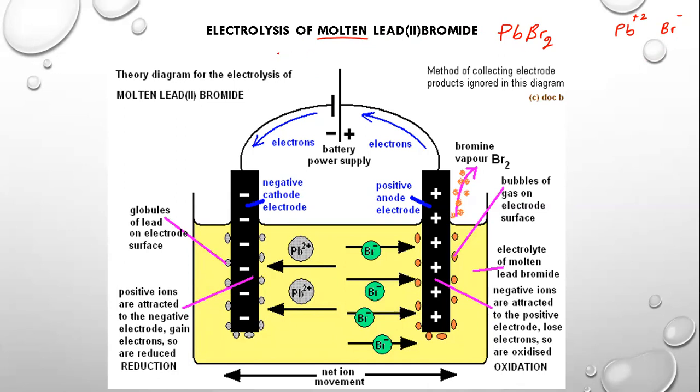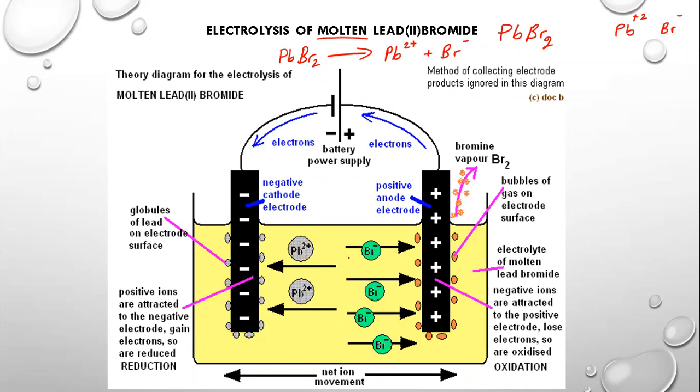So this is what happens when you heat lead bromide, PbBr2: you literally break the compound apart so that you've got Pb2+ ions and bromide ions, Br- ions. So those are the ions you can see there in my electrolyte.